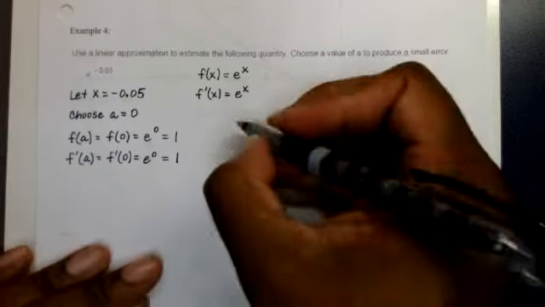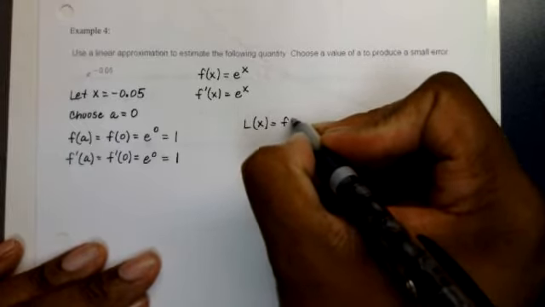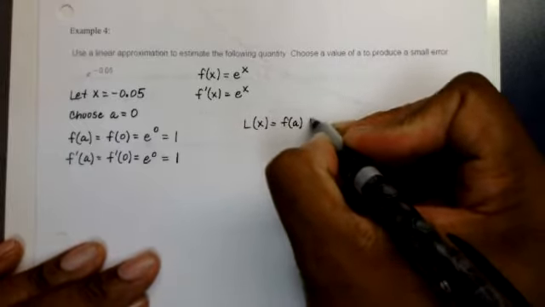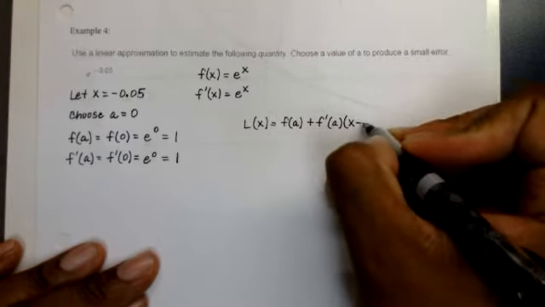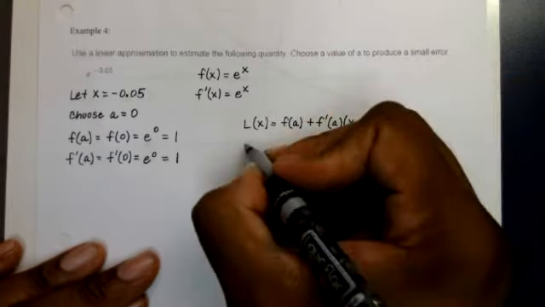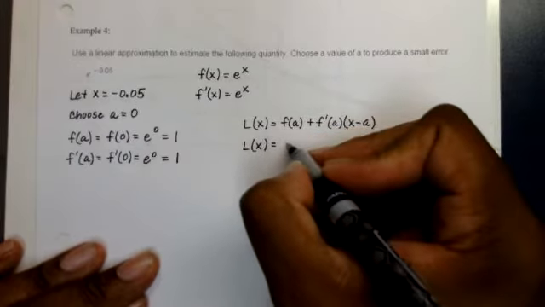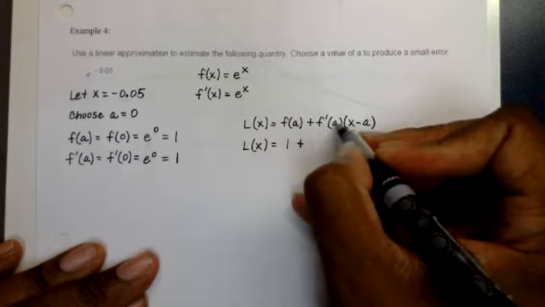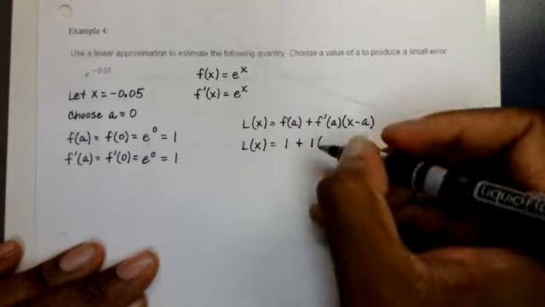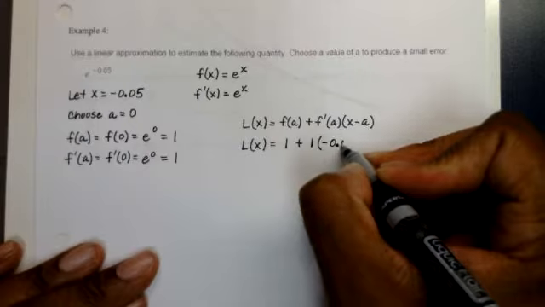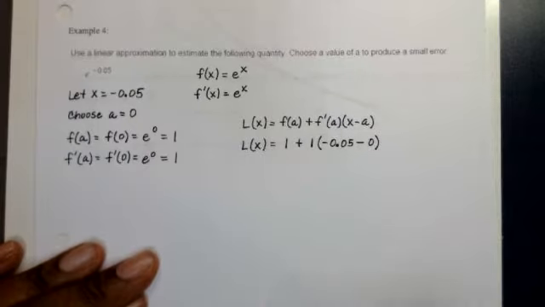Now we can use our linear approximation, L of x is equal to f of a plus f prime of a times the quantity x minus a. So here L of x is equal to f of a, which was 1, plus f prime of a, which is also 1, times x, which is negative 0.05, minus a, which is 0.